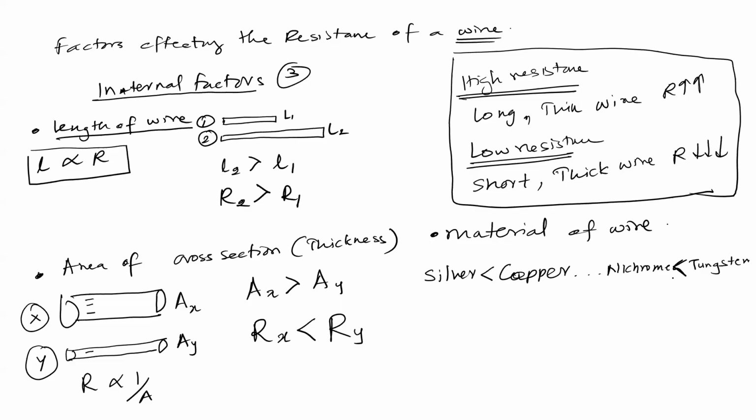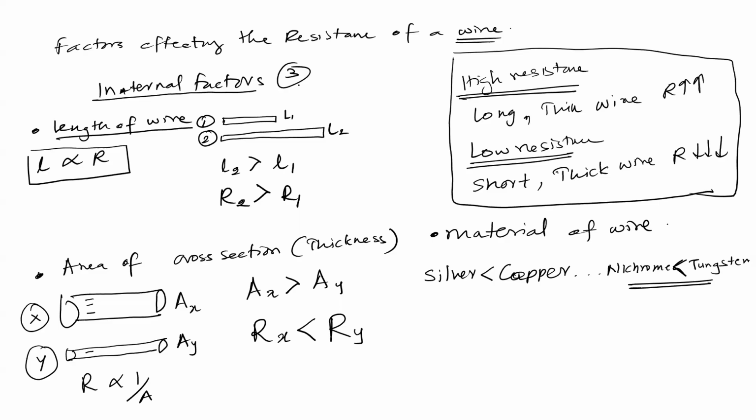Anything which has to have high resistance, like a heating coil, will be made out of nichrome and tungsten. Where you have to conduct electricity properly without any barriers, with less resistance, silver and copper can be used. Silver is expensive, therefore in home wiring they use copper.